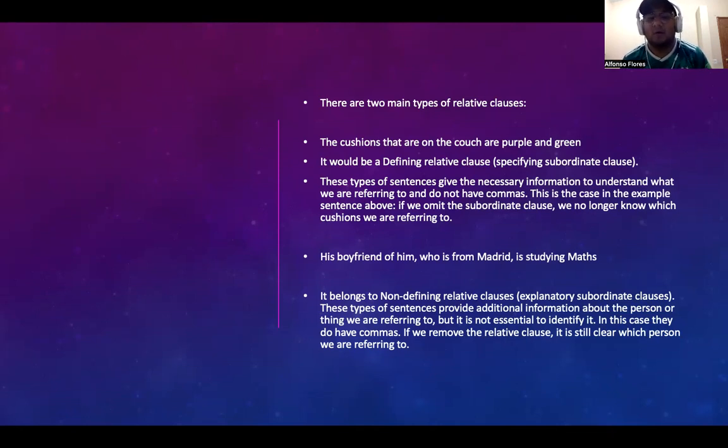These types of sentences provide additional information about the person or thing we are referring to, but it is not necessary to identify it. In this case, they do have commas. If we remove the relative clause, it is still clear which person we are referring to.